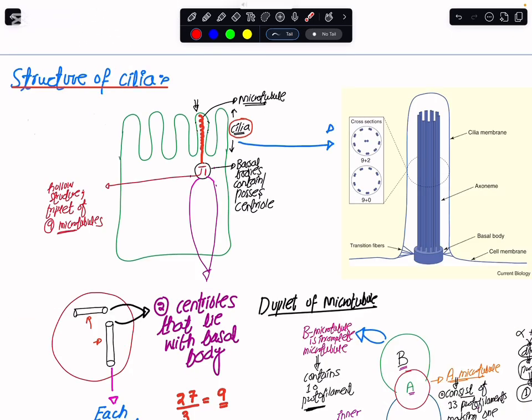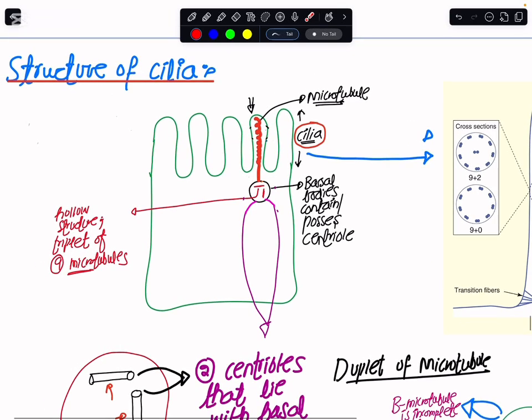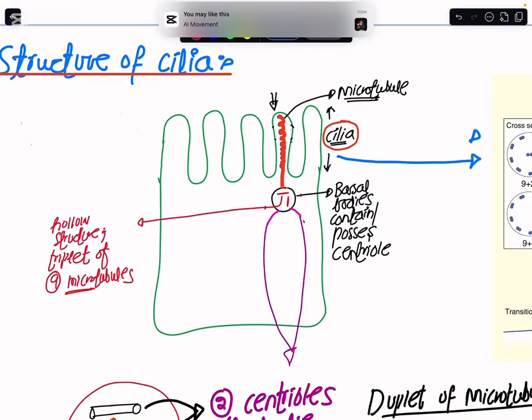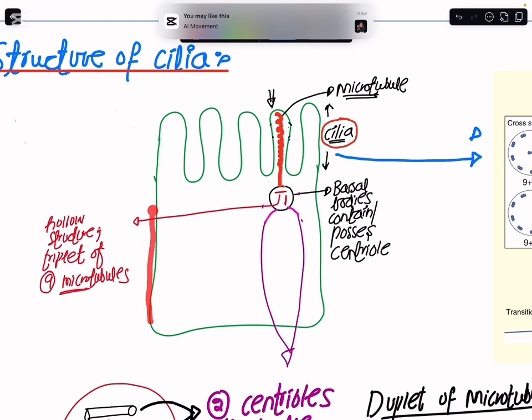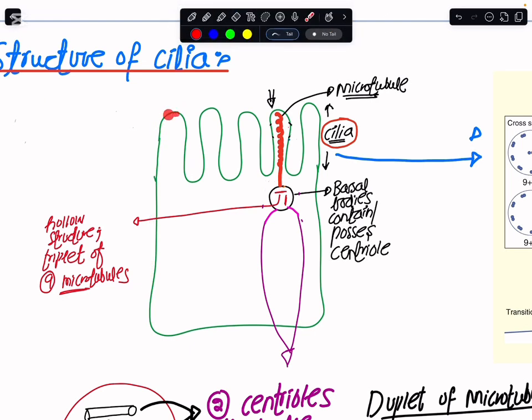Now I would like all of you to be very clear about how this cilia would be formed. Here I have made the diagram of the ciliated cells that you have in the trachea and the bronchus of your respiratory system. What I have here is the cell membrane, and the cell membrane has an extension out of the main body of the cell.